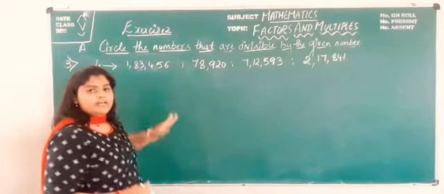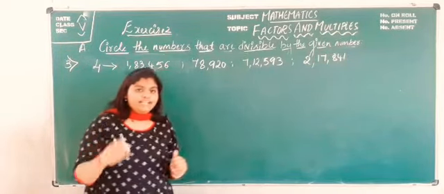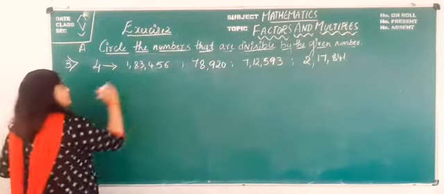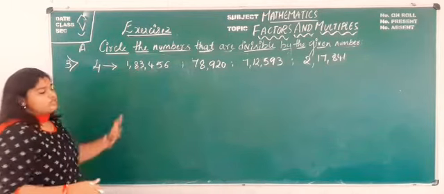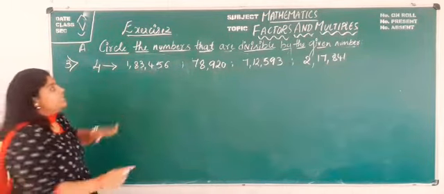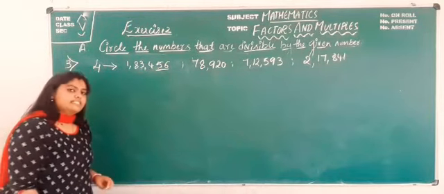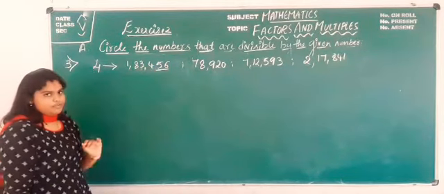So the given number is 1,83,456. We know the rule: the last two digits in the given number should be divisible by 4. Then only this number will be divisible by 4.